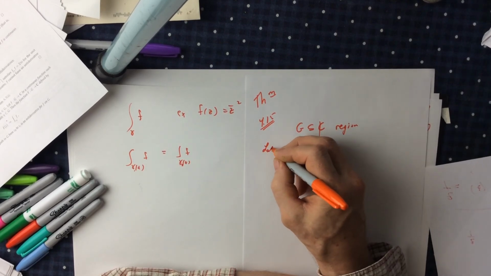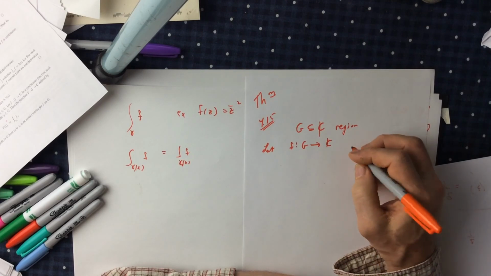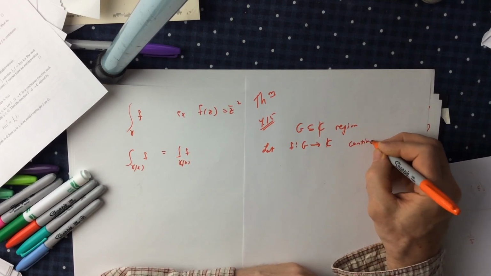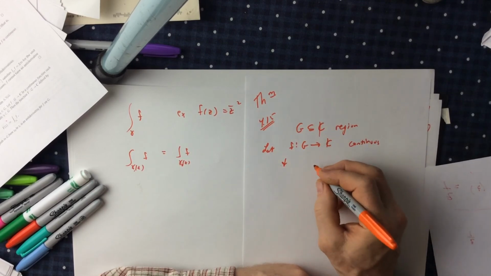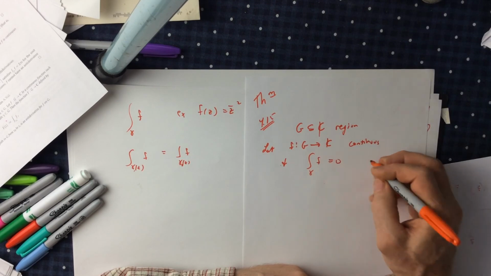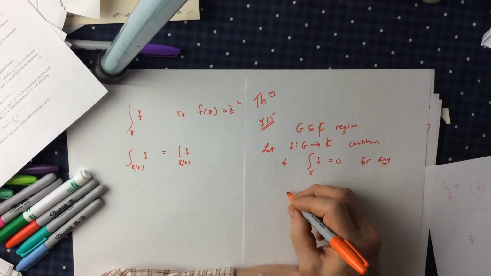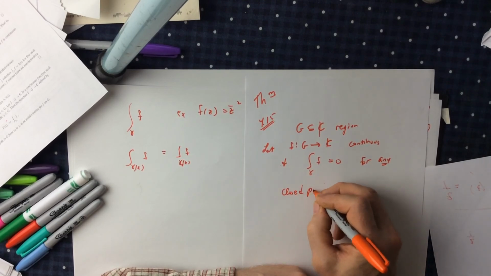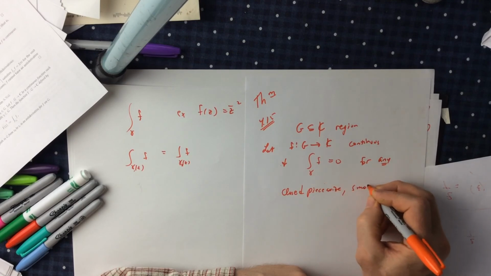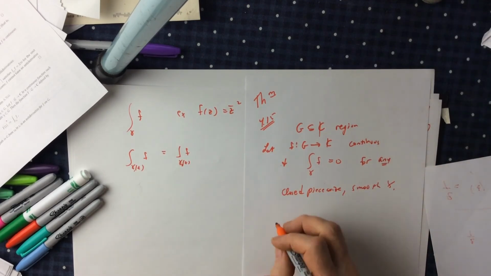And let f mapping into the complex numbers be a continuous function, and the integral over gamma of f is equal to 0 for any closed piecewise smooth gamma.